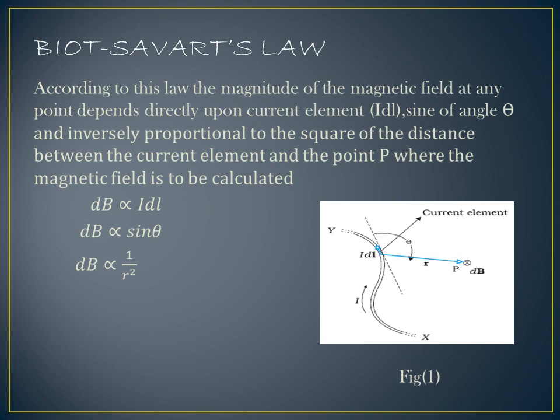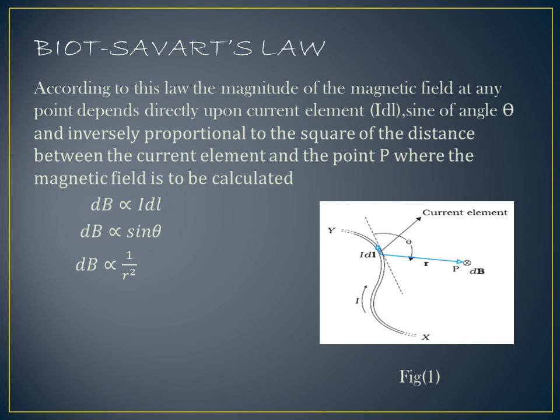So according to this law, the magnetic field dB is directly proportional to the current element I dl. That is, larger the current or larger the length, larger will be the magnetic field. Similarly, the magnetic field depends directly on sine of the angle theta and inversely proportional to the square of the distance.